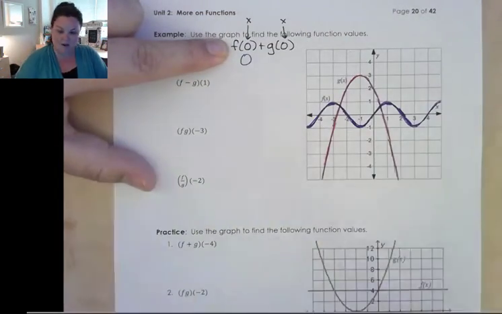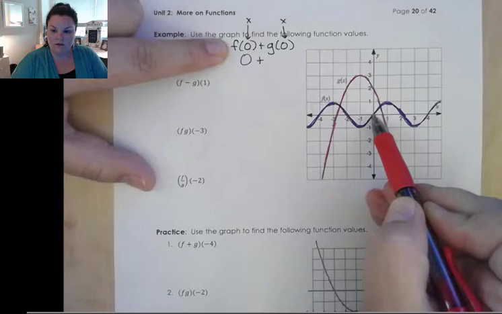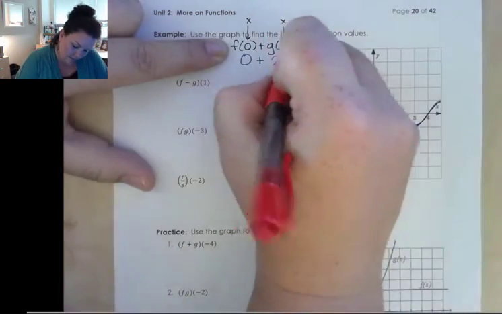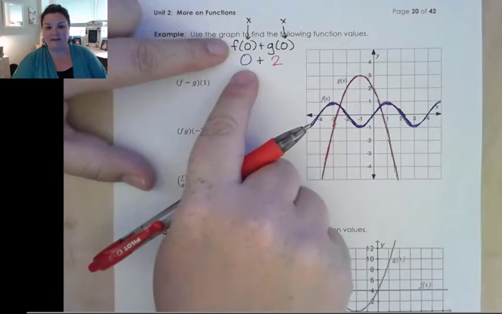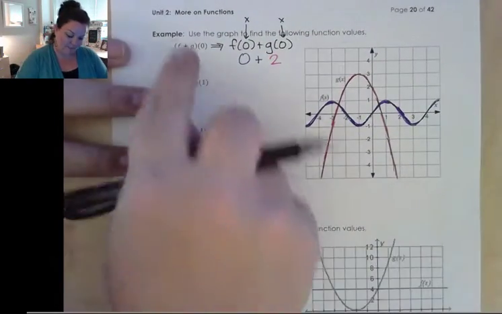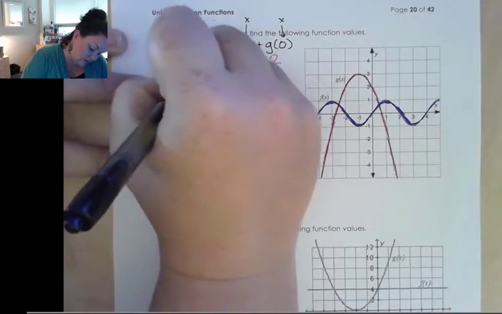Right? And now I just need to see where it is on the g function. So when x is 0, the g function is up at 2. So I take the 0 I got from my f function and the 2 I got from my g function, which means that f plus g evaluated at 0 is just 2.